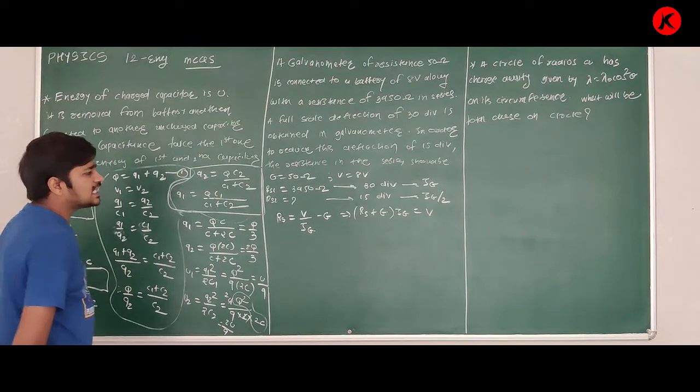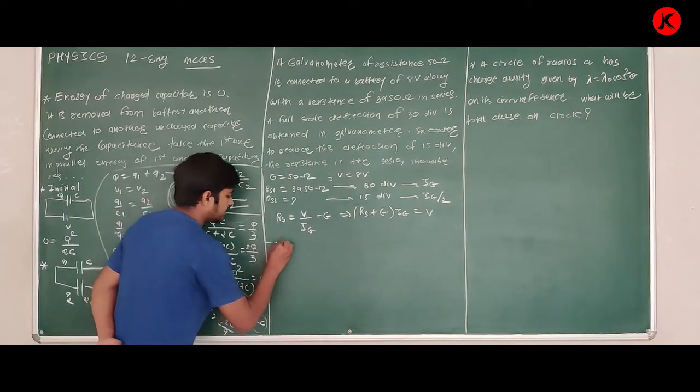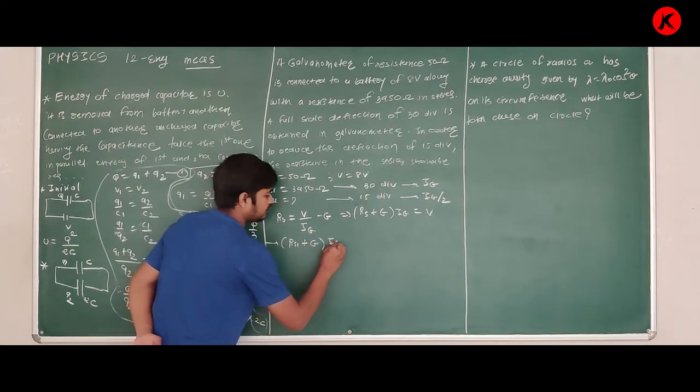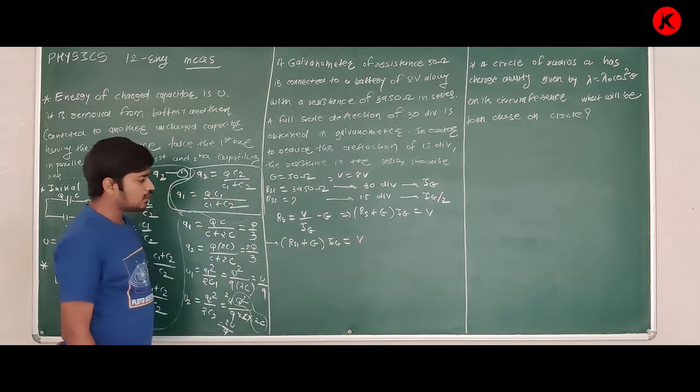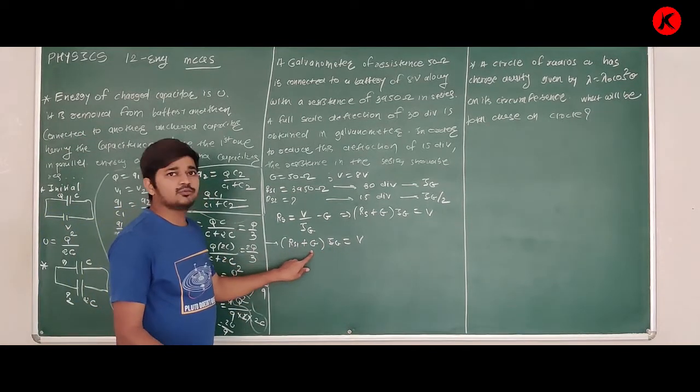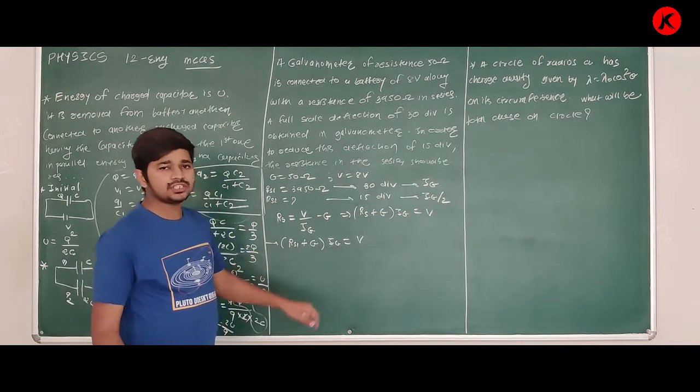Now for two different cases, how to write this equation? I can write (RS1 plus G) Ig is equal to V. Which things will change? The series resistance and this current. The galvanometer's resistance will remain the same, and the battery's voltage will remain the same.